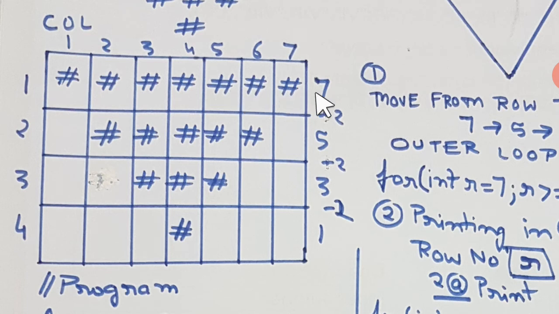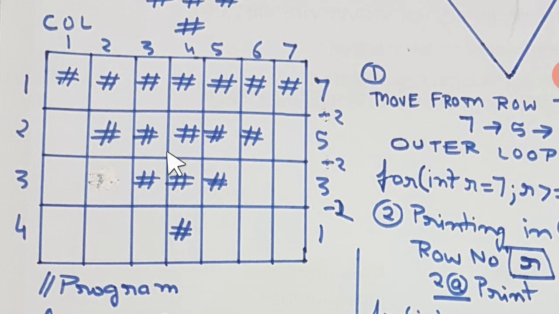Now if I pick up these as our row numbers for the time being, we can get the solution of this problem or program very easily, because now there is a connection between the number of times printing takes place in different rows. So if I call it row number 7, in row number 7, 7 hash symbols are printed.